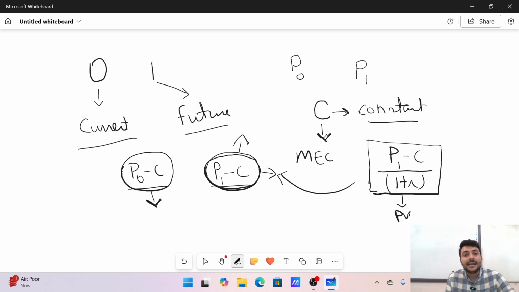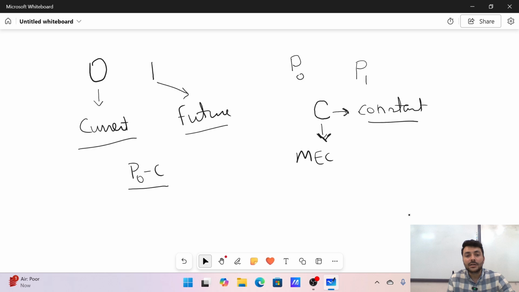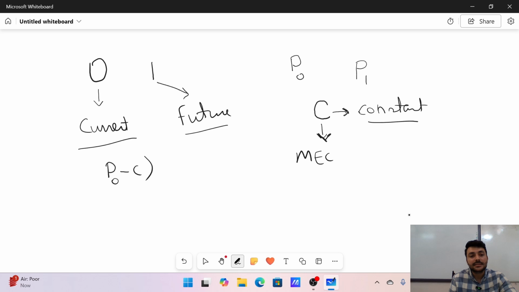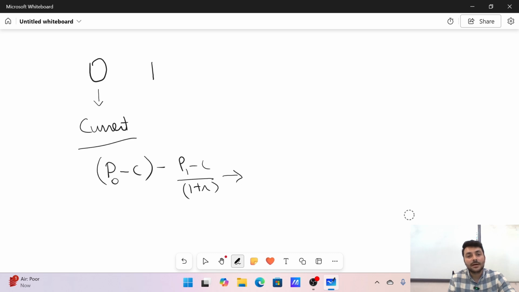So by deciding to extract 1 unit today, the overall return of the extractor would be P0 minus C minus the return which he is foregoing. This is what the extractor would earn by deciding to extract 1 unit today and sell it in the present time period.